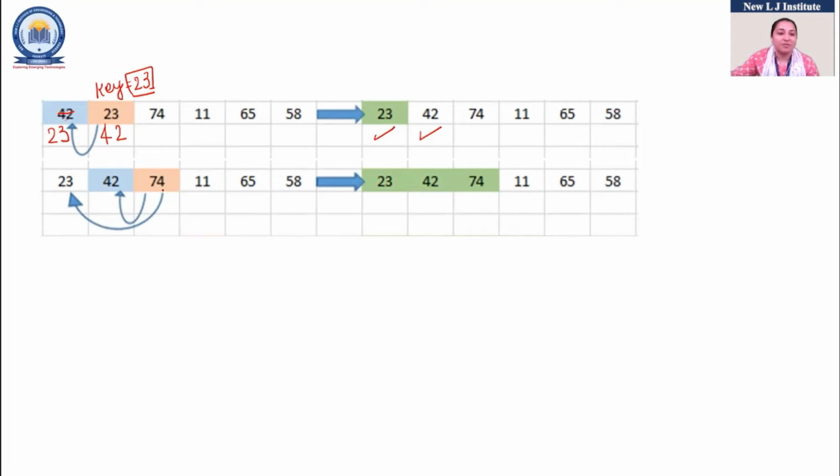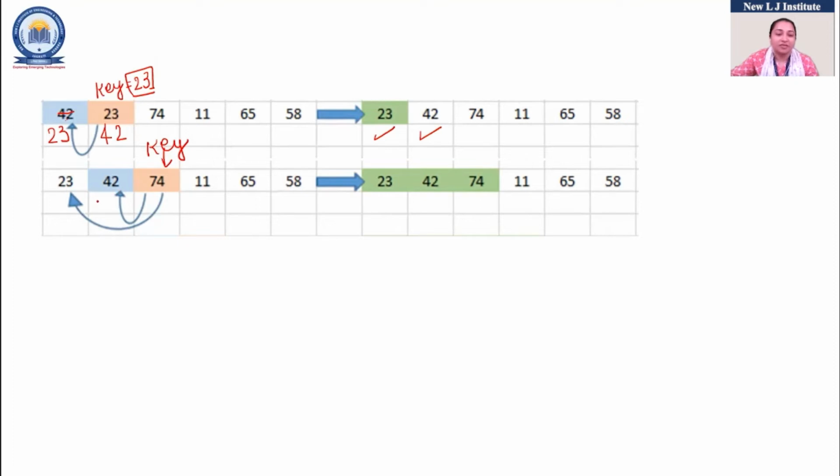Now let us pick the next element, which is 74. So now this 74 is the current key to be compared. Now this 74 will be compared with previous elements. So first it will be compared with 42. Okay, and 42 is already smaller, so there is no problem.